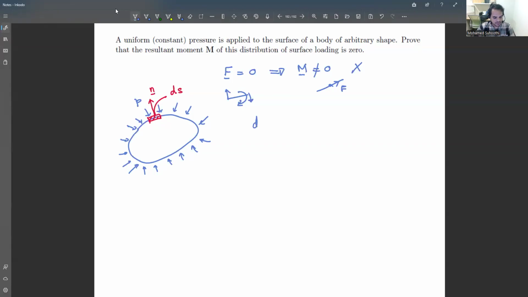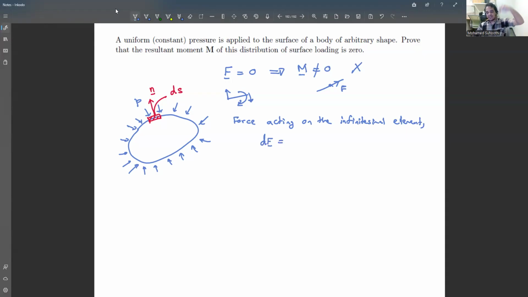That means the force acting on the differential element, or infinitesimal element, right? So we'll take dF equal to the pressure, right?